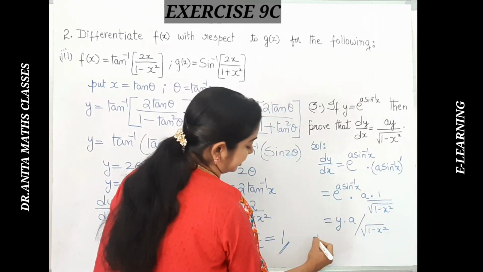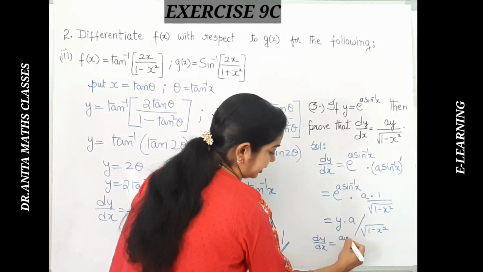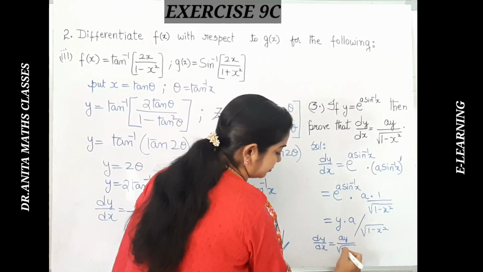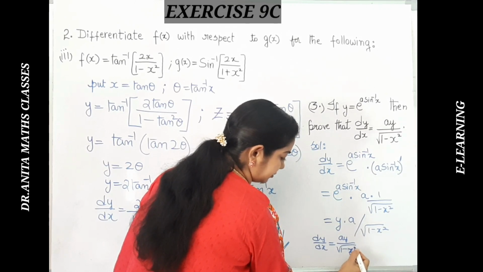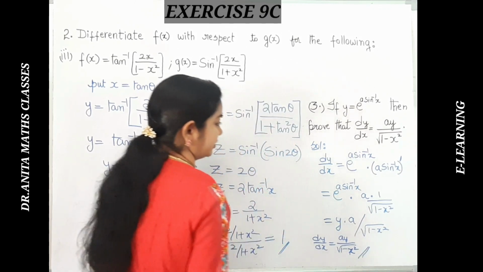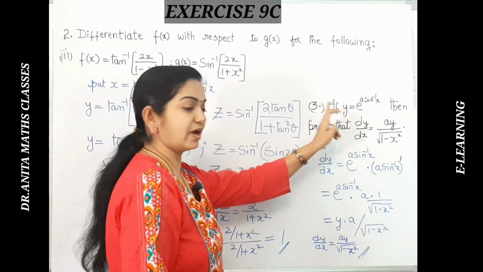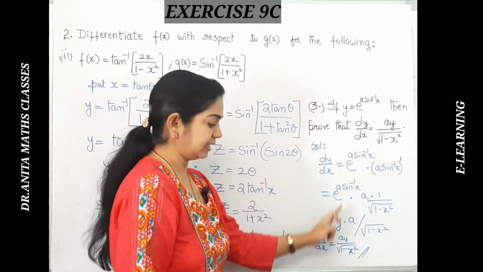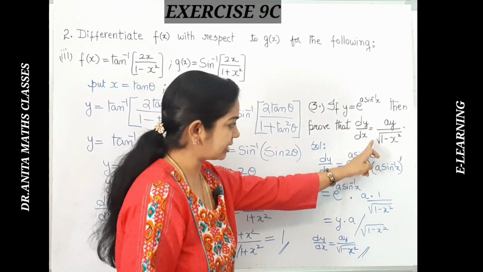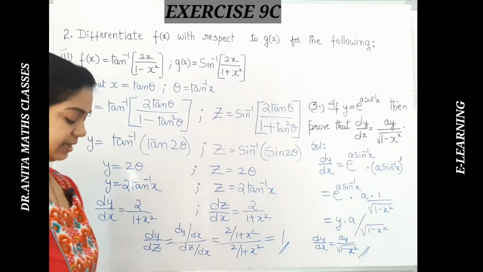So what we got, dy by dx, finally we got it as ay divided by under root of 1 minus x square. So with this we have completed. We just differentiated only one function, given the y value, we have to do dy by dx. So this is the answer. We have proved that dy by dx is ay by under root 1 minus x square.